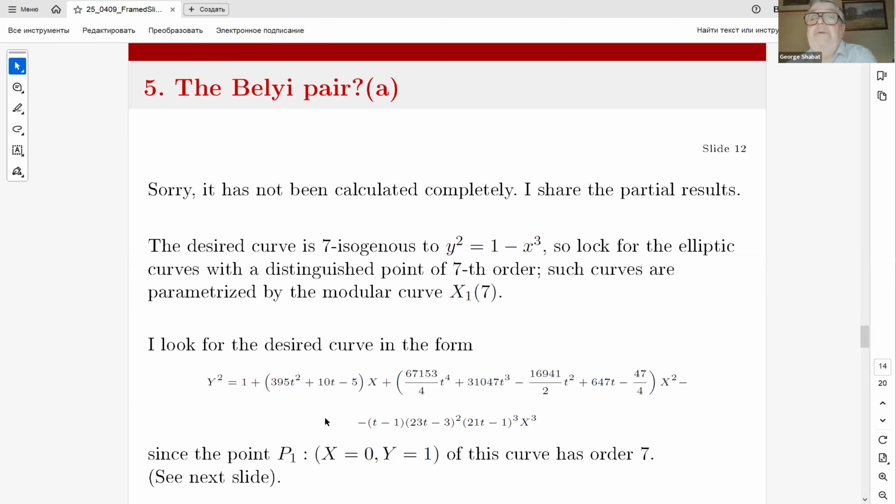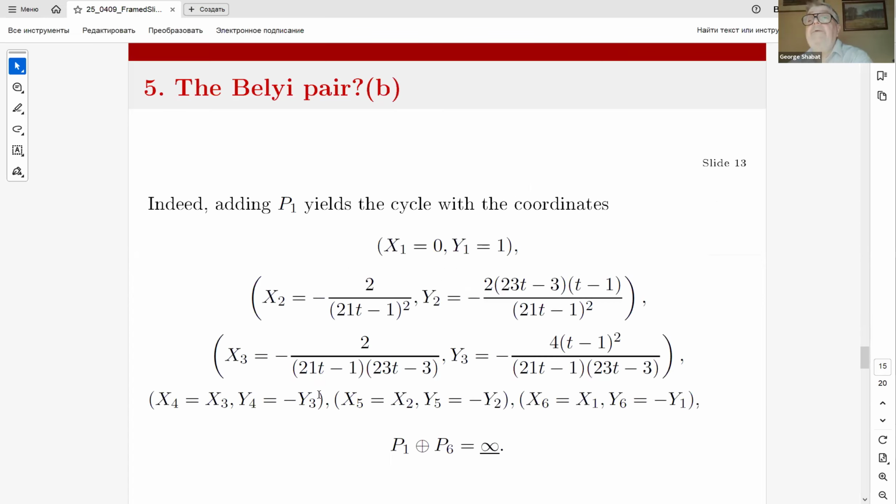And well, this formula is nasty, I would say, but I think that the cycles themselves are nice enough, at least compared with working with a different parameterization.